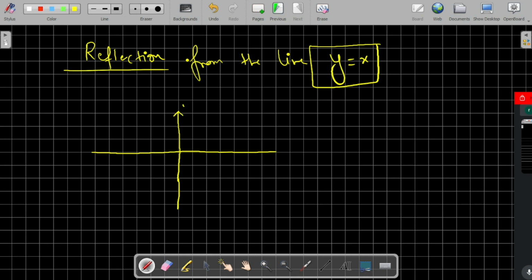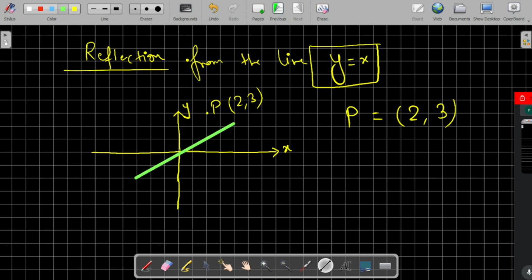See, this is my grid, and let us suppose I have a point P that is 2 comma 3. So the point will be 1, 2, 1, 2, 3. So this is the point P having coordinate 2 comma 3, and I have to find the reflection from the y equals x line. Can you draw the y equals x line? Yes, I can draw. Let me change just a bit.